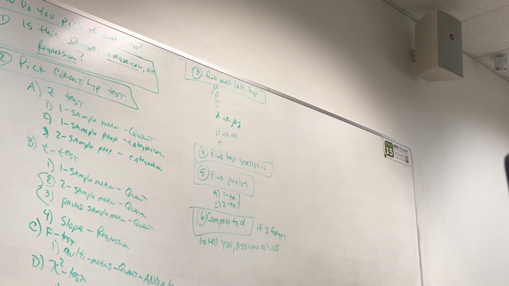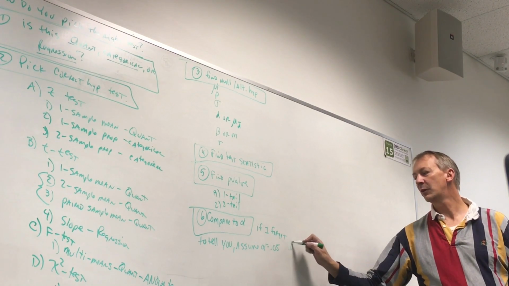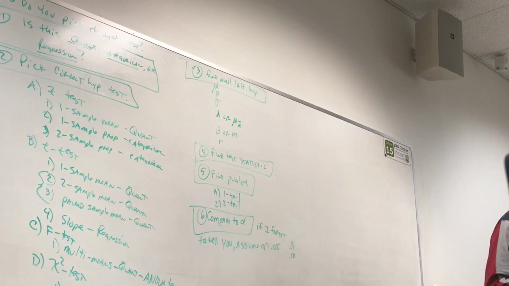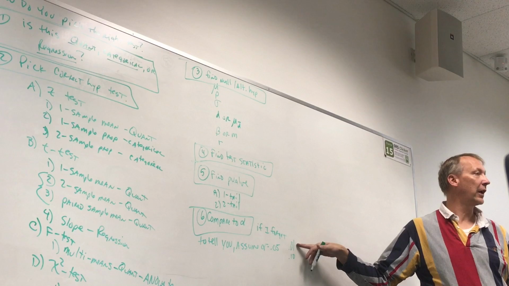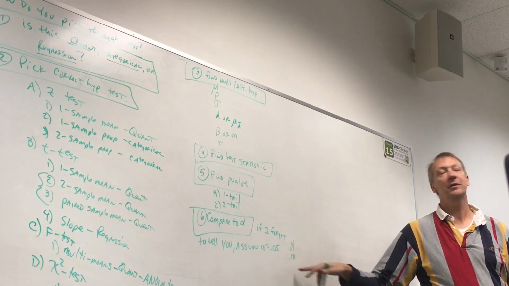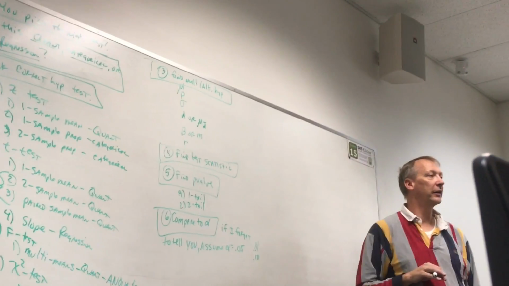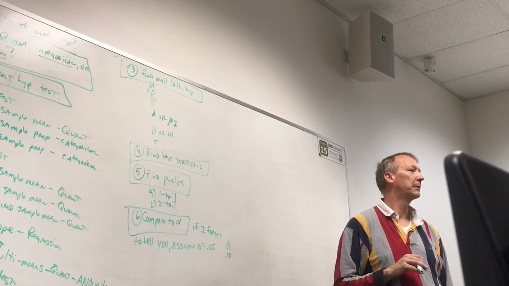It can be anything you want. The typical ones are 0.01 or 0.10, which tells you the percent you want to be wrong. Do you want to be wrong 1% of the time, 5% of the time, or 10% of the time? Now you can pick any alpha that you want. How often do you want to be wrong?